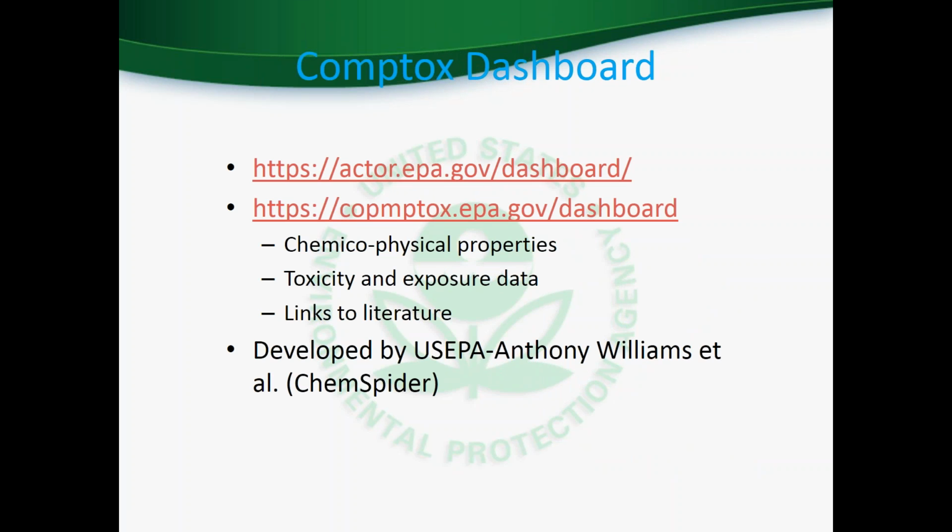These are EPA-generated databases, and the first one is called the ACTOR database, and it is a compilation of toxicology data, of structural data. There's also something called CPCAT, which is a division of the categories where you would find particular chemicals. So say, for example, you were looking at formaldehyde.